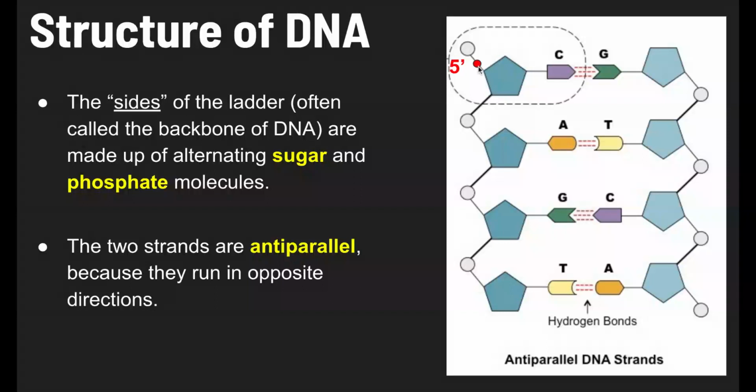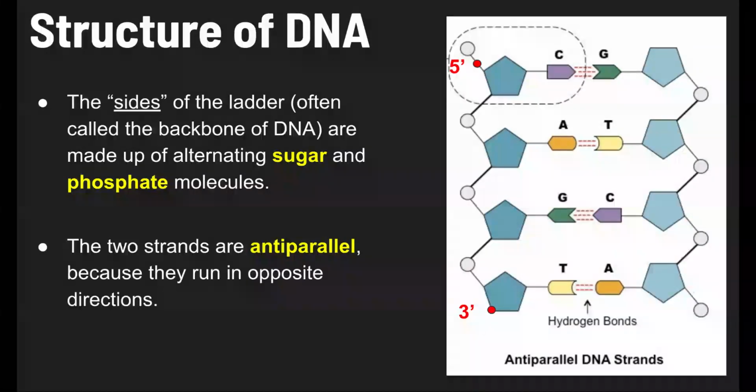So remember that fifth carbon connects to the phosphate group. So this dot here represents that fifth carbon. And the third carbon would be right here. So remember, the first is always what connects to the base. So this would be 1, 2, the third one would be right here. So this strand has the fifth carbon on top and the third carbon on the bottom.